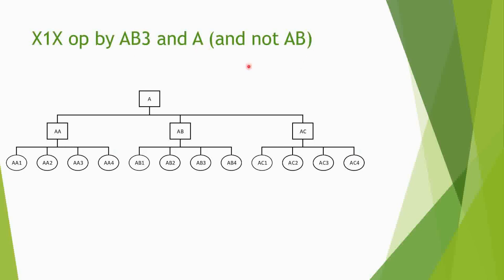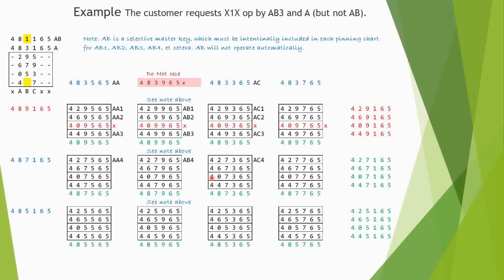We're going to use selective master keys. We grab a value from the KBA to make a selective master key. Instead of calling it ENG, we're going to call it AB. It's the key we want to include or exclude at will.